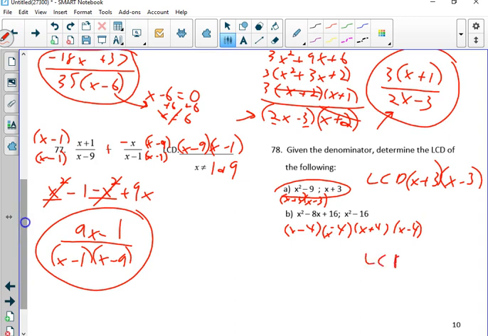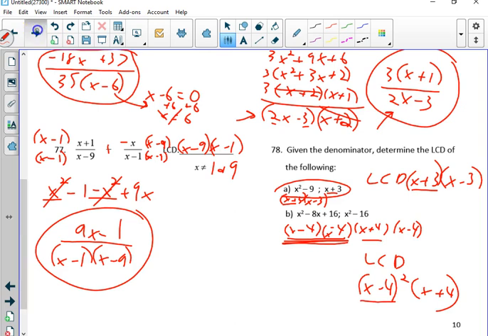So my LCD, be careful with this one, I actually need 2 x minus 4s and a positive x plus 4. Notice the difference between A and B. Here, we had x plus 3 in each of them, so we only have 1 in the answer. But in this one, the one polynomial alone requires 2 x minus 4s. And that's why we have to have 2 in our answer for the LCD.